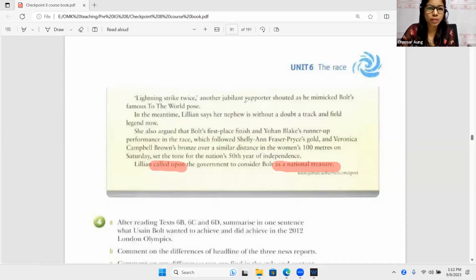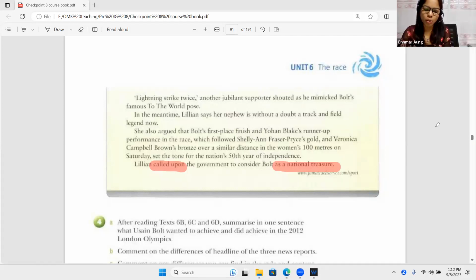It is another jubilant supporter's claim, right? You can learn. And here, Lillian called upon the government to consider both as a national treasure. You understand the meaning of national treasure? Called upon. How do you understand call upon? Ask someone to do something.